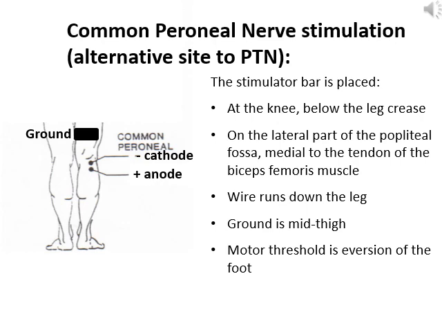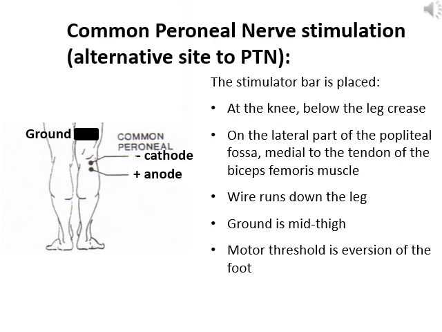If it is not possible to access the ankle and stimulate the posterior tibial nerve at the ankle, an alternative site is to stimulate the common peroneal nerve at the knee. The stimulator bar for a common peroneal nerve stimulation is placed at the knee with the cathode below the leg crease towards the lateral or outside part of the popliteal fossa, but medial to or towards the inside of the tendon of the biceps femoris muscle.